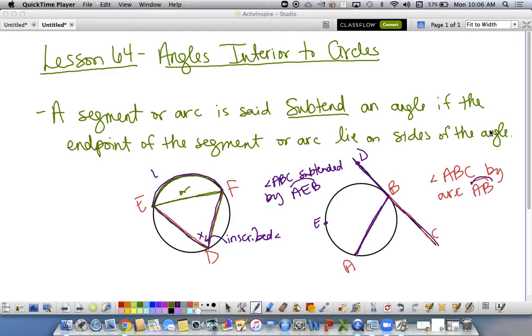So if arc EF equaled, well, I'm just going to put a 2x in this case, it would be twice as much. So if EF equaled, for example, 80 degrees, what would the measure of angle EDF equal?